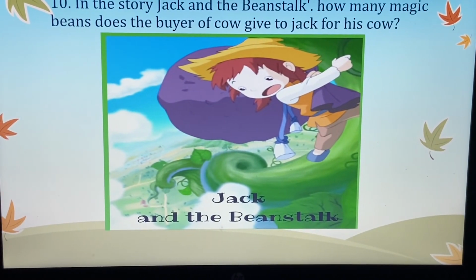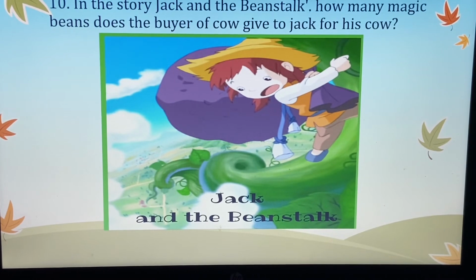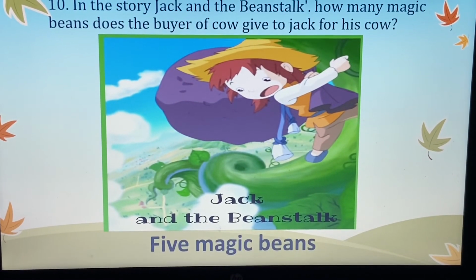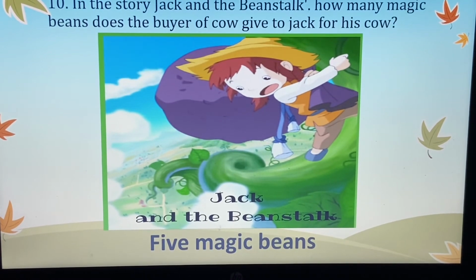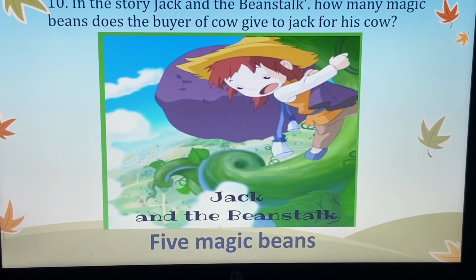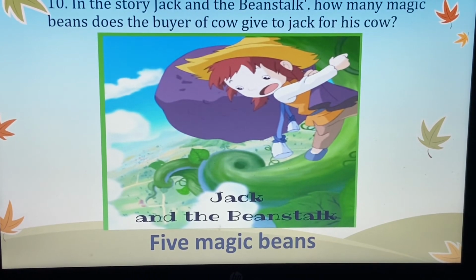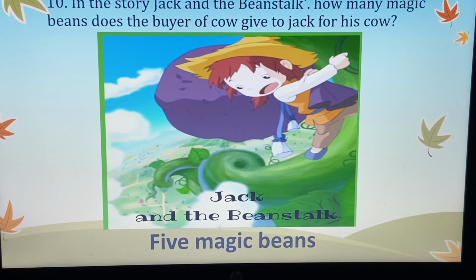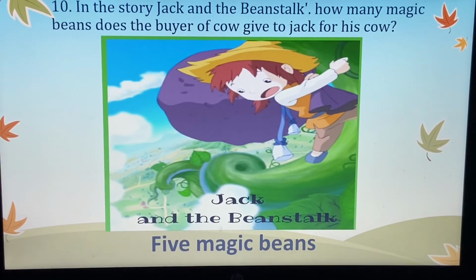So let's find out how many beans he gave to Jack. He gave, yes, 5 magic beans in exchange for the cow. जो उसने उससे उसकी काव खरीदी थी, उसके बदले उसने उसको कितने बीन्स दिए? मैजिक बीन्स, 5 magic beans. Now let's go further.